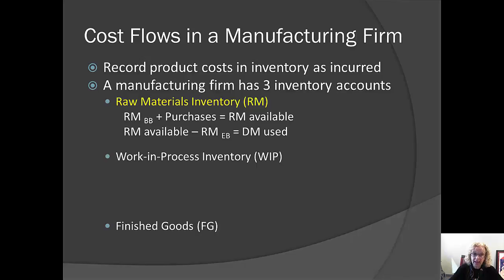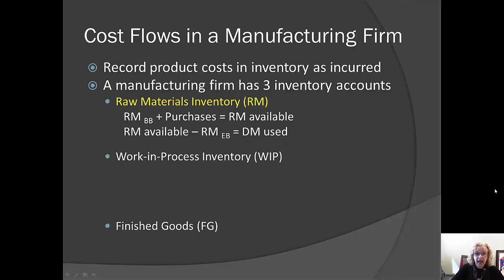In that case, we can take the dollar value of all of the material that was available for use, subtract out the dollar value of the raw material that clearly didn't get used because it's still in the warehouse at the end of the period, and the difference will give us the dollar value of all of the material that did get used.